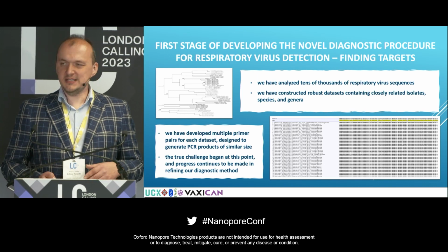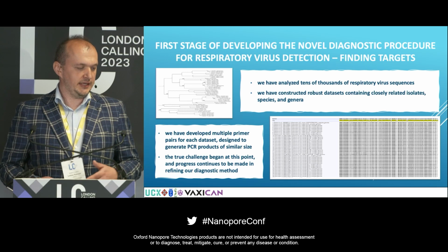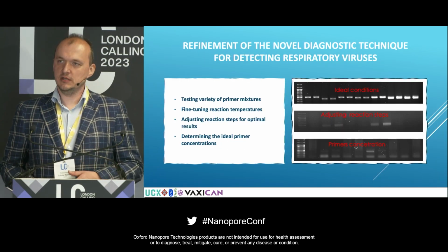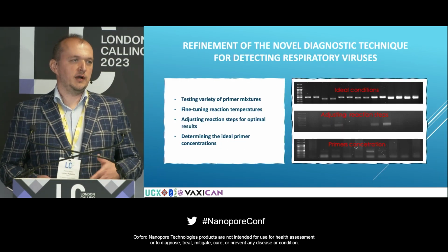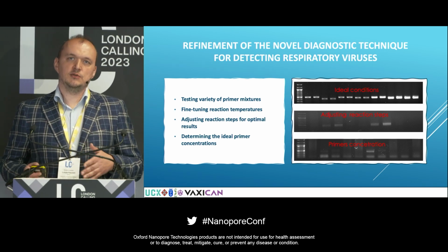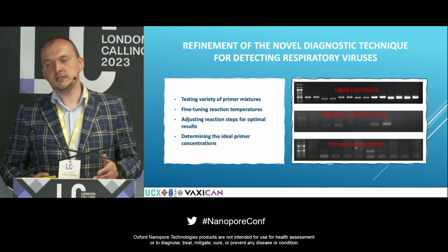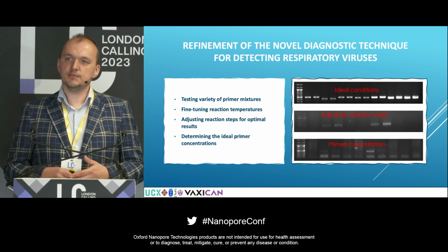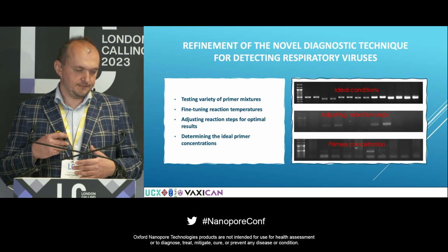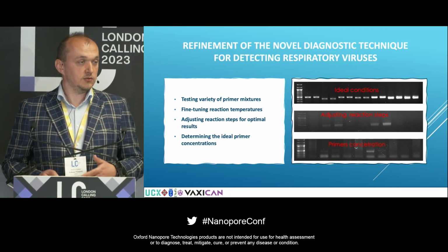This was quite easy, I must say. The true pain started next, with the optimization. We needed to optimize everything: the primer sequences, of course, because they are degenerate, that's a problem, but also the temperature, how many steps, how long the steps are, and the concentration of each primer. That was a lot of work.